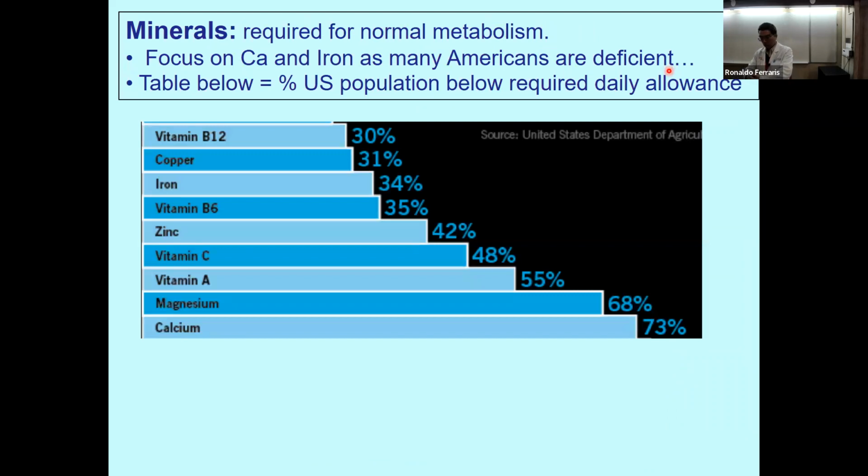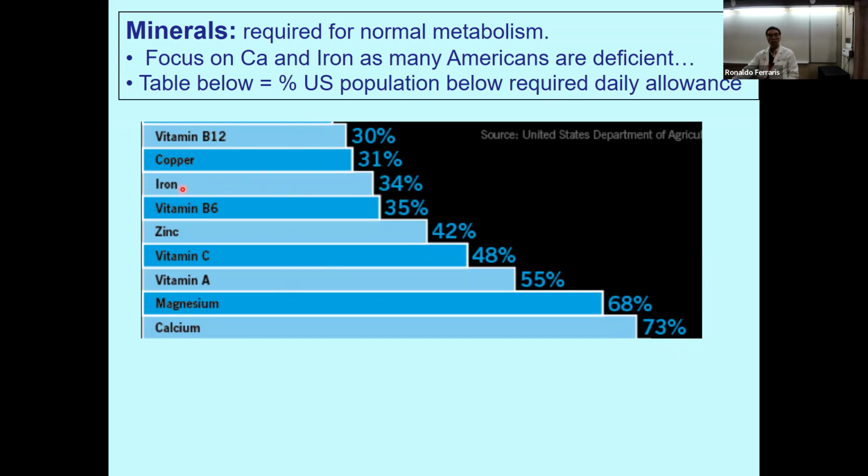So now we go into mineral absorption. We require minerals for normal metabolism. And I really only have time to describe calcium and iron. We focus on calcium because a lot of Americans are deficient in calcium. Iron, 1/3 of Americans are deficient in iron.